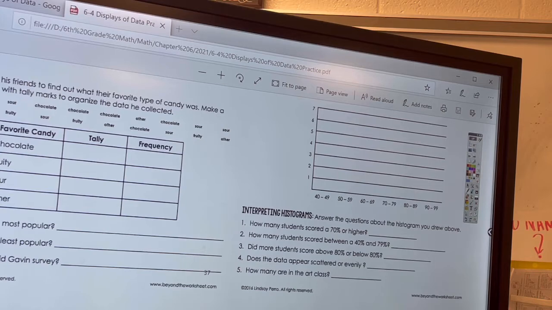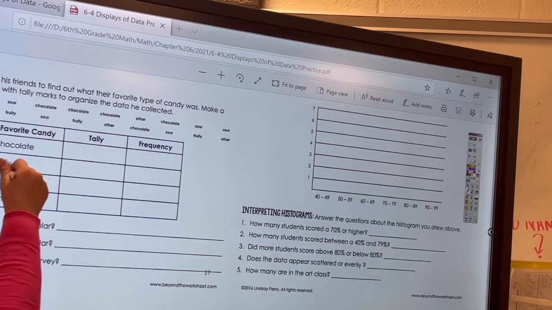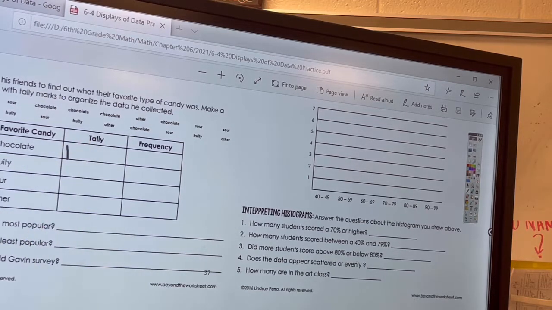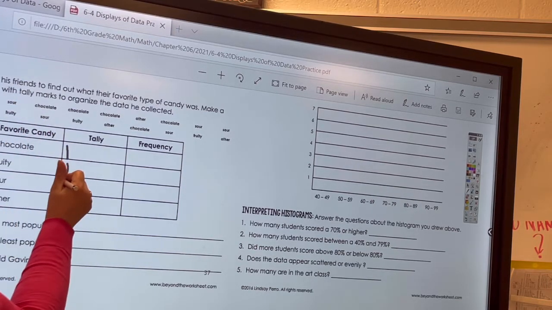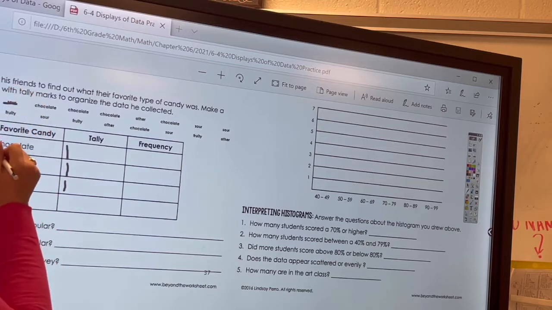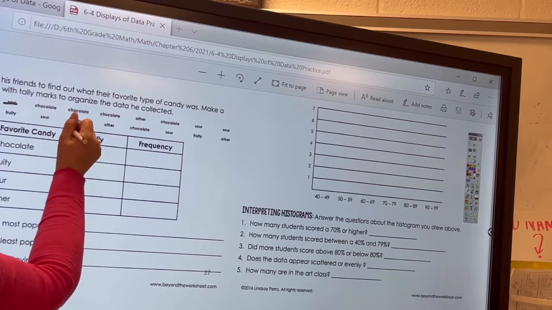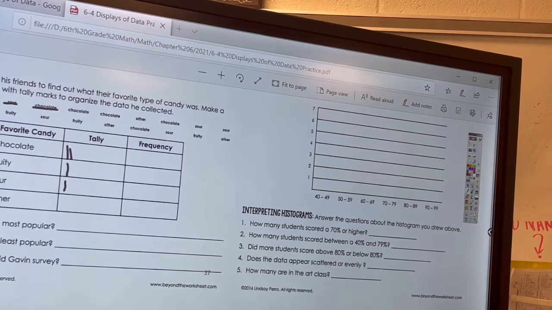Make a frequency table with tally marks to organize the data he collected. So, chocolate, I'm gonna put 1 tally mark for chocolate and mark it off. Fruity, tally mark it off. Sour, tally mark it off. Chocolate, tally mark it off. I want you to keep going.